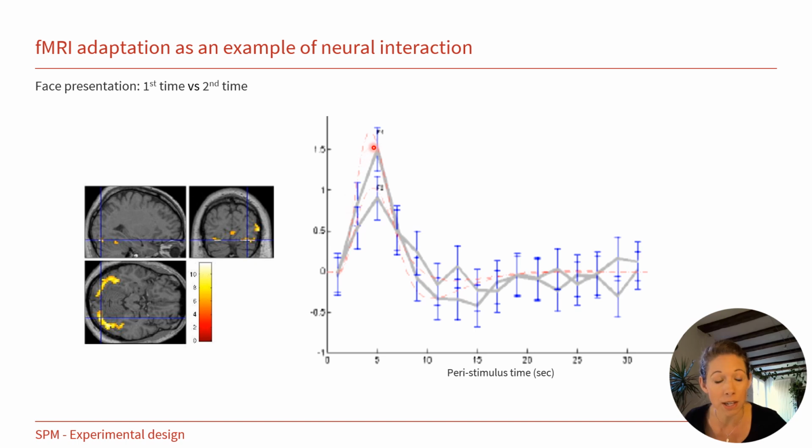You see in the first presentation a stronger effect than when the brain is presented the same stimulus a second time. So you have a reduction in the activation. And of course, if you don't take this into account, you might wrongly assume that the difference in brain activation is due to the difference in task, while actually it is an effect of time. We have a task by time interaction effect, which needs to be accounted for.